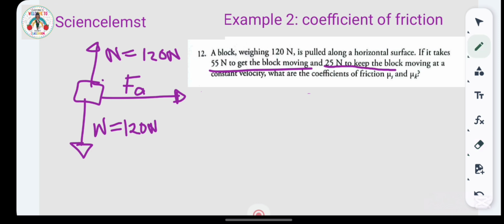And it takes 25 Newton to keep the block moving. So to keep the block moving, it means now this frictional force that is acting on the block is kinetic frictional force. And it is moving at constant velocity.